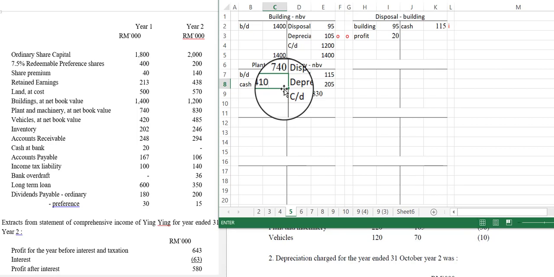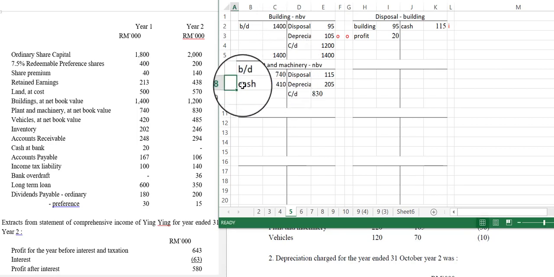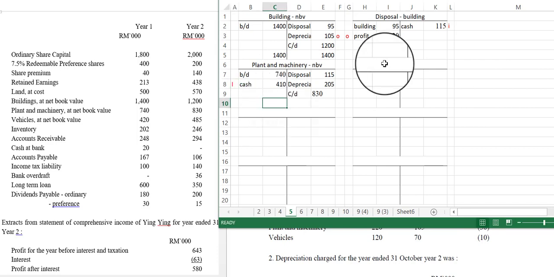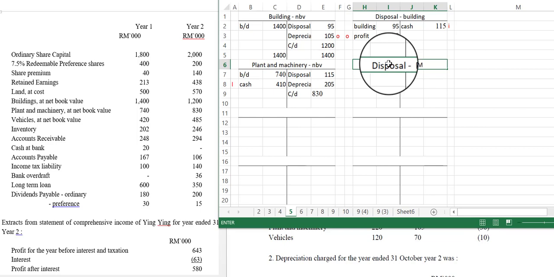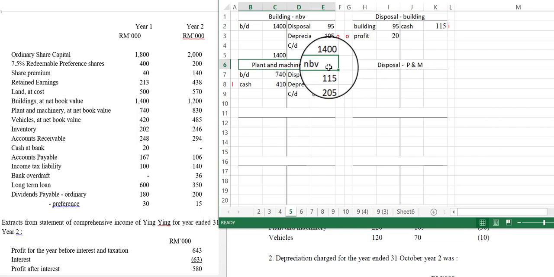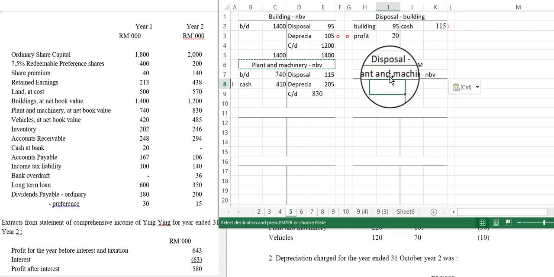This is your addition for the year, the purchase of plant and machinery, and this is your investing activities. Same thing, you go for the disposal of plant and machinery, so you get a double entry here.